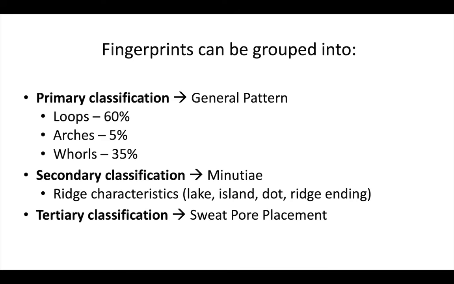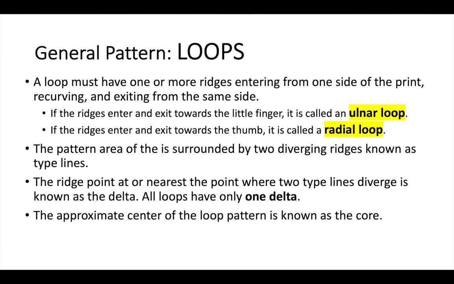Your sweat glands in your fingers and palms of your hands lead to sweat pores, and we can actually individualize, or with more certainty associate or match to a common source, when we look at how close and far away and where exactly those sweat pores are. So that's tertiary classification. All right, so let's do loops, and then we'll do arches, and then we'll do whorls.